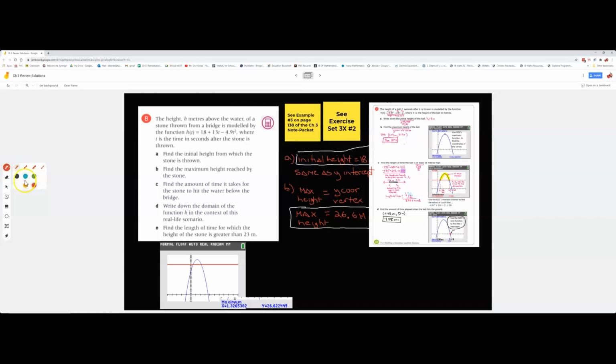Okay, part C. All right, find the amount of time it takes for the stone to hit the water below the bridge. So that would be the same as this x-intercept. So I'm going to go back to my calculator and use the 0 function and find out what that x-intercept is.